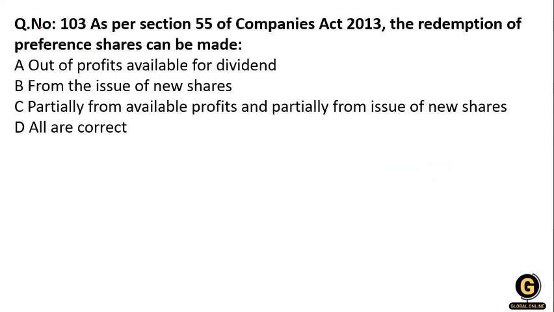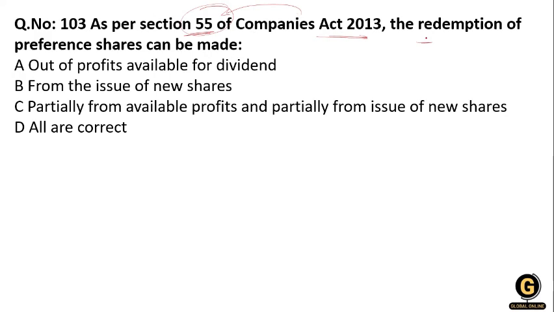Now the next question, 103. As per section 55 of the Companies Act 2013, the redemption of the preference share can be made: option A, out of the profit available for the dividend; option B, for the issue of the new share; option C, partially from the available profit and partially from the issue of a new share; and all are correct. So what will be the right answer for this question? You know that in the Companies Act, there is a section on the conditions related to the redemption of preference shares.